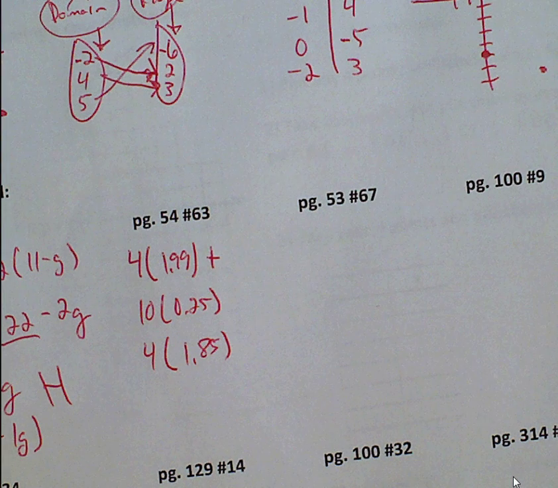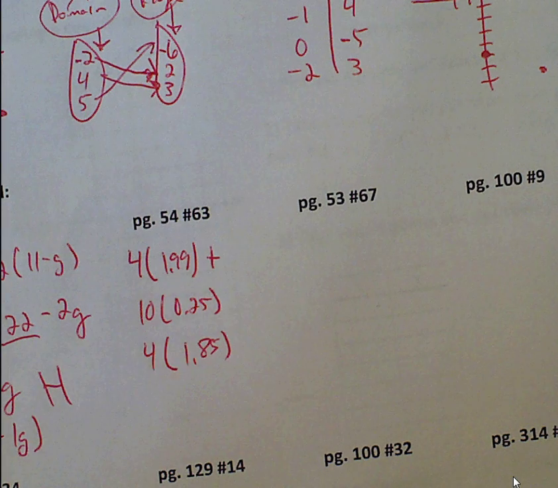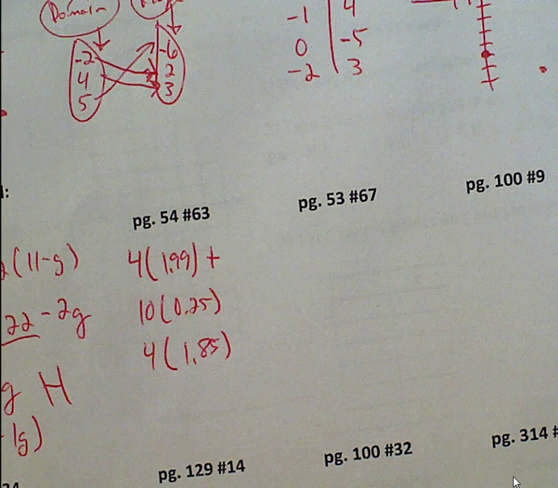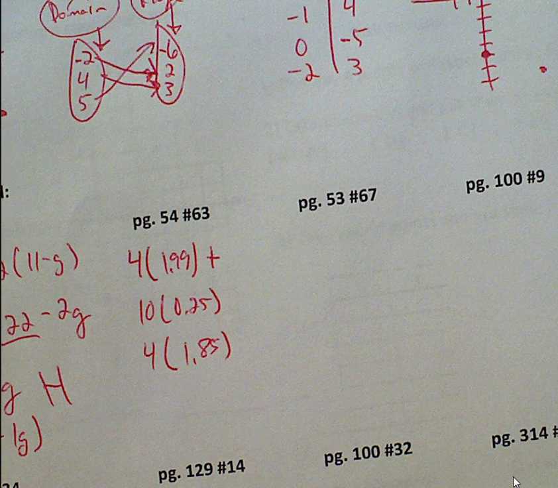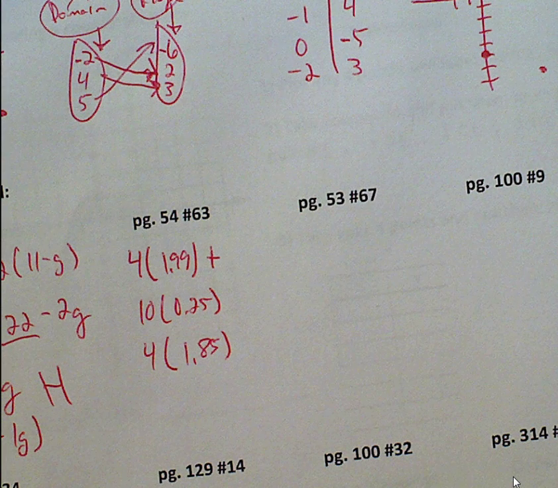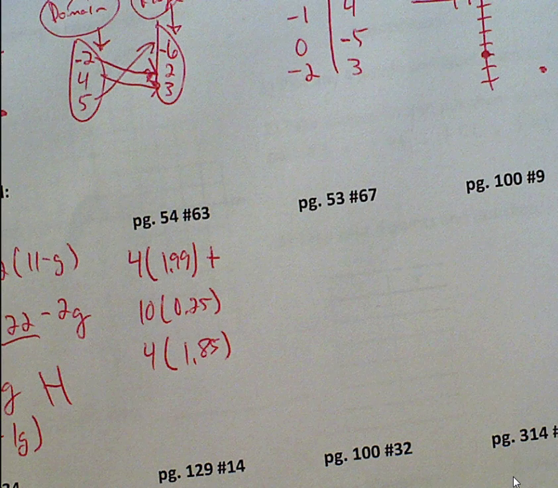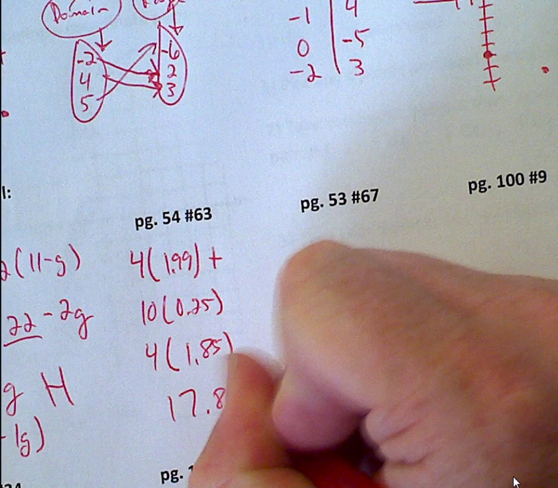So if I calculate this, we would have 4 times $1.99 plus 10 times 0.25 plus 4 times $1.85, and I get $17.86.